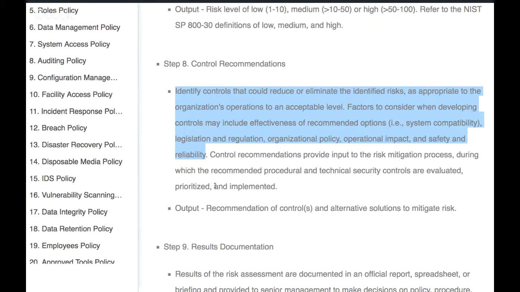Control recommendations provide input to the risk mitigation process, during which the recommended procedural and technical security controls are evaluated, prioritized, and implemented. Output. Recommendation of controls and alternative solutions to mitigate risk.